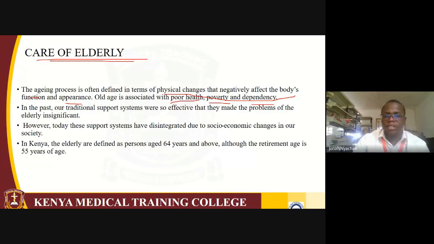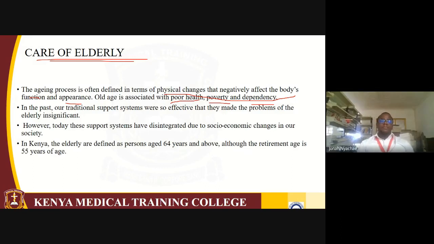In the past, the traditional systems used to support the elderly because it was so effective. You had to assist the elderly. However, nowadays these systems have disintegrated because of the socioeconomic changes in the society. People have to move away in search of better life and income.